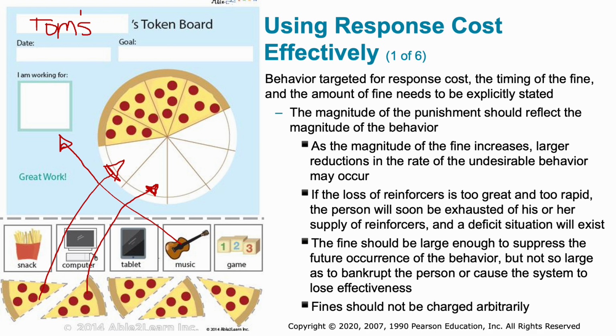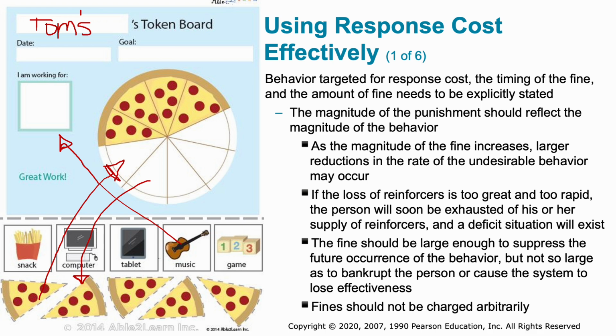So what will happen is, let's say Tom has already earned, how many do we have? 1, 2, 3, 4, 5, 6 pizza slices, but he engaged in aggression. So contingent on aggression, I'm actually going to put this pizza slice here back. So he loses access to that pizza slice. So what that'll look like is he doesn't have that one anymore.